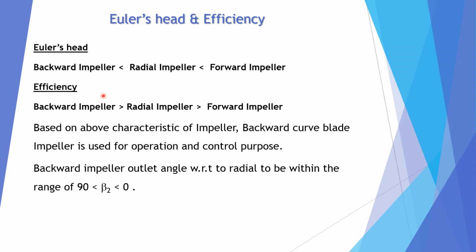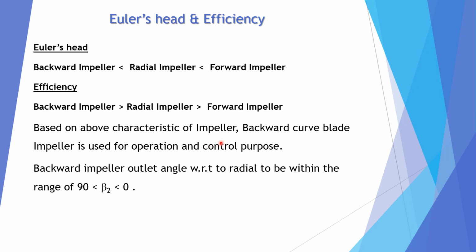So from this, Euler head is smallest in case of backward and highest in case of forward impeller, and radial lies in between them. But in case of efficiency, it is maximum in case of backward impeller and minimum in case of forward impeller, and radial lies in between them.